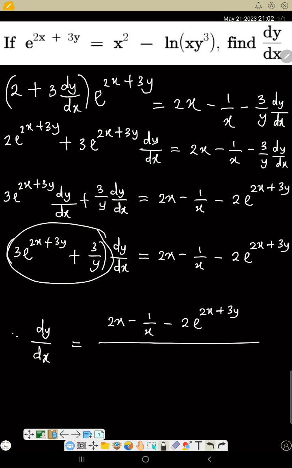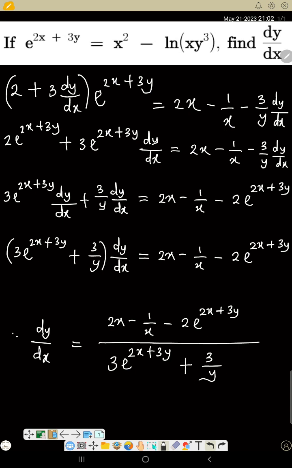You know, we are looking for the dy ds. So divided by 3 e raised to power 2s plus 3y, then plus 3 over y. So that is the final answer. So you found the dy ds.